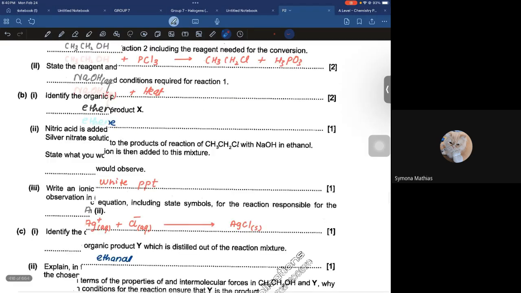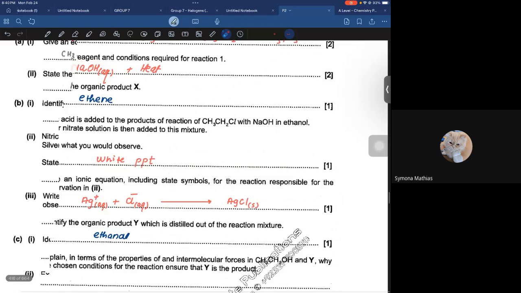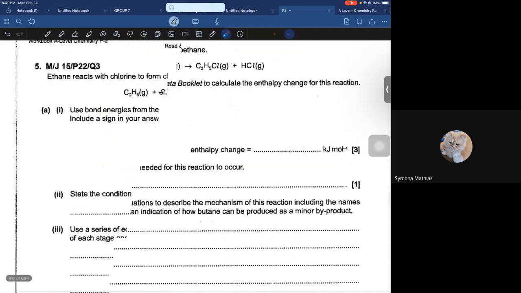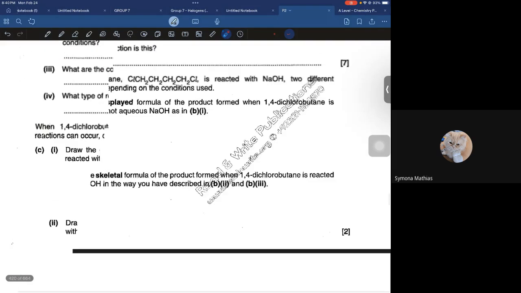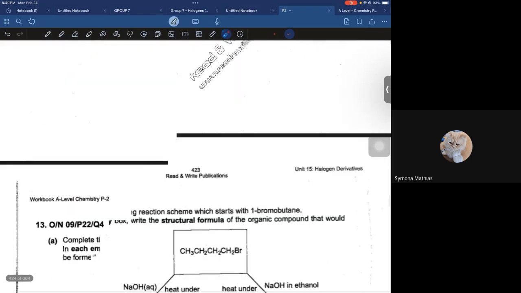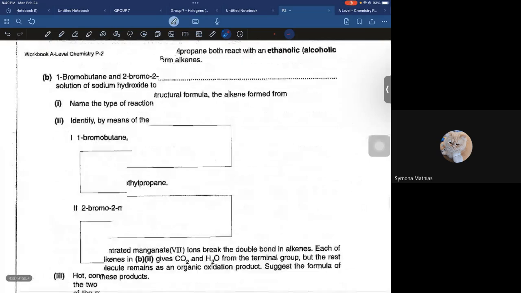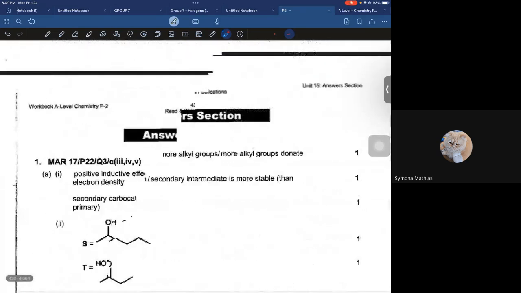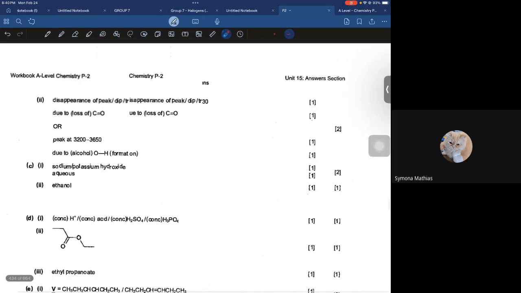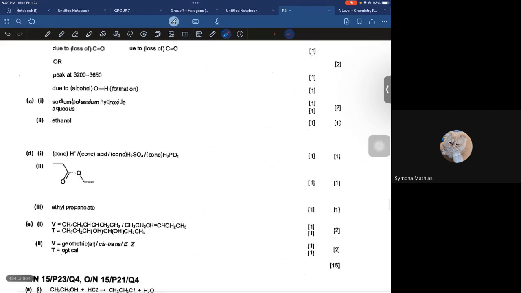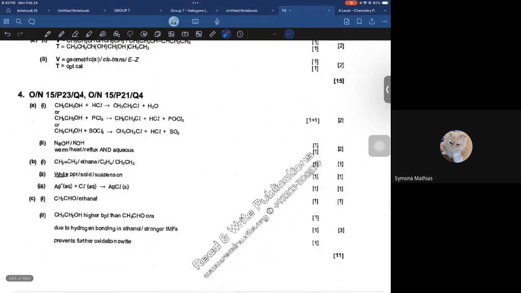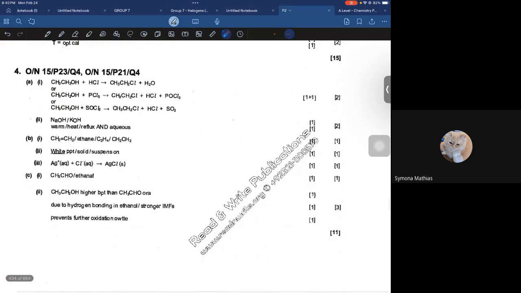You must use the key points. Let me show you the marking scheme. It's question number 4. Can you tell me what type of intermolecular forces alcohol has? We haven't discussed aldehyde yet, so I'm not asking about aldehyde, but in question 4 they are saying CH3CH2OH has a higher boiling point than CH3CHO.